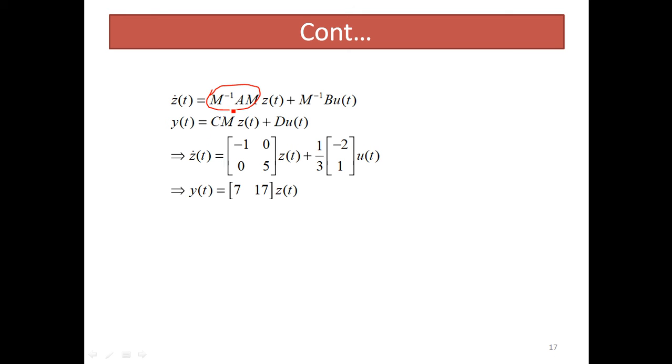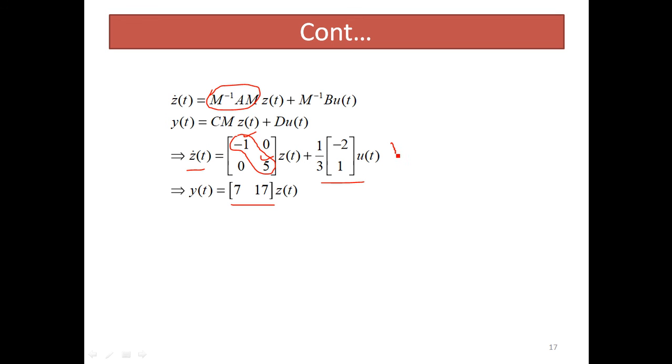So by putting the values and getting the solution, you would be getting Z dot t equal to the matrix M inverse AM, the result of which is minus 1, 0, 0, 5. These are the elements of the diagonal matrix, and this is your first eigenvalue, this is your second eigenvalue, into Z(t) plus 1 over 3 times minus 2, 1, which is the value of B bar, and similarly for C bar.